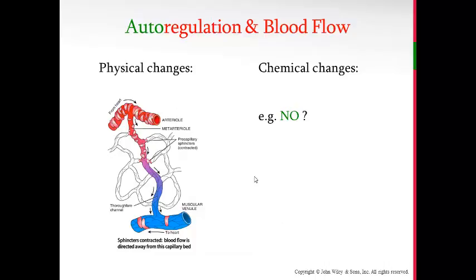Now, so we have a way, our body has a way to auto-regulate themselves. So auto-regulation means our body or tissue has the ability to adjust, for instance, blood flow depending on the situation. Okay, so it depends on changes in the physical environment.